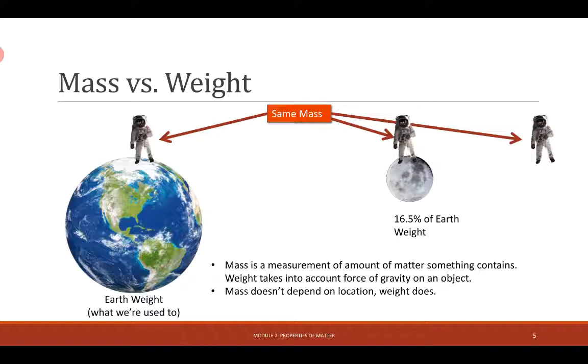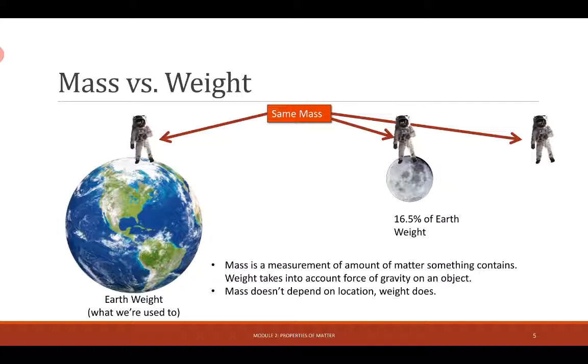If we take the same astronaut to the moon, we know that the astronauts on the moon, as they're bouncing around, look like they're bouncing more slowly than they do on Earth. Like they take longer to go up and go down. The force of gravity on the moon is less because the moon is less massive. And so the astronaut on the moon only weighs 16.5% of whatever he did on Earth.